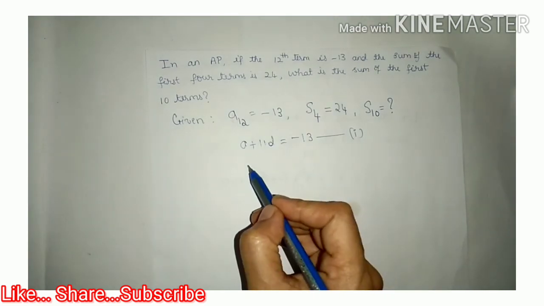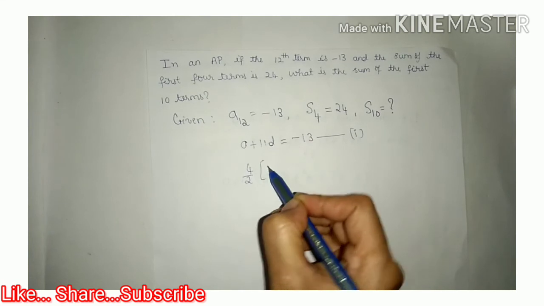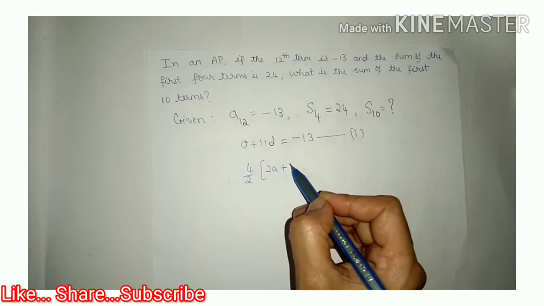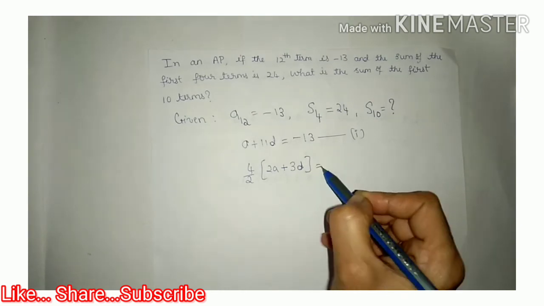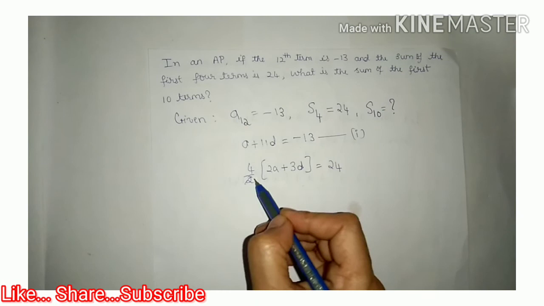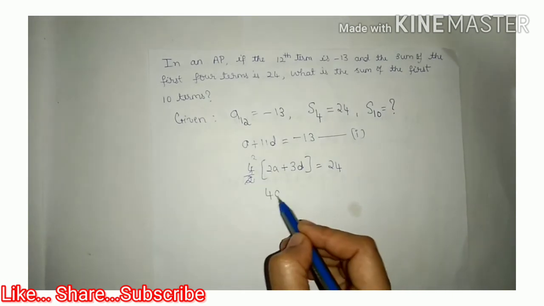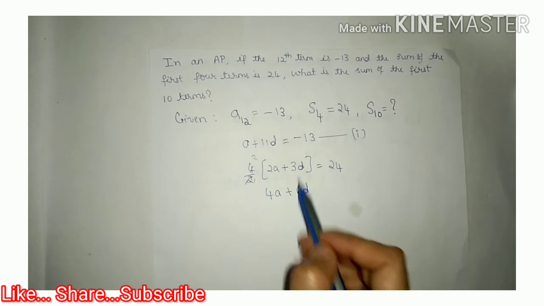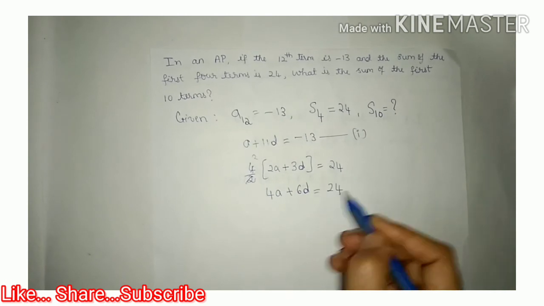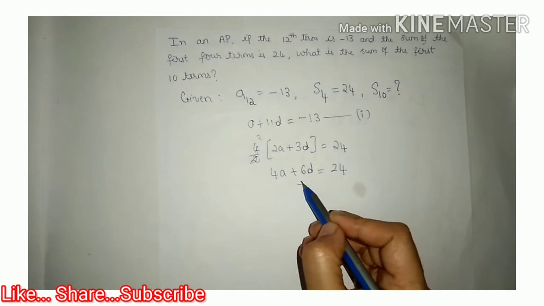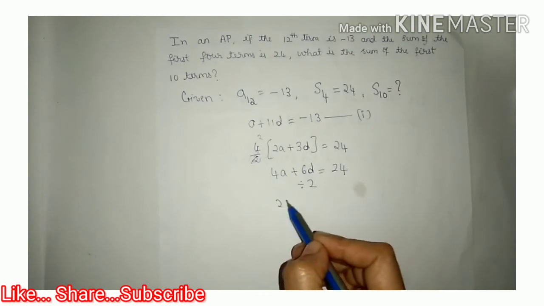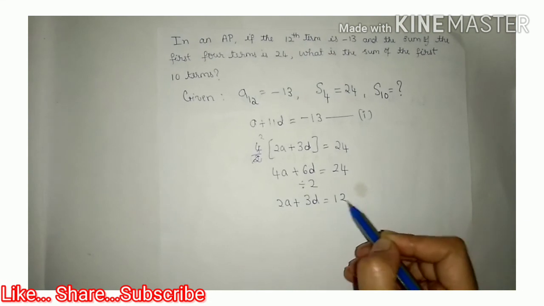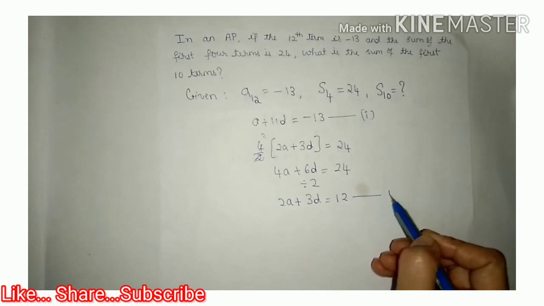Therefore S4 is 4 by 2 into (2a plus 3d) is equal to 24. Dividing by 2, 2a plus 3d is equal to 12. Equation number 2.